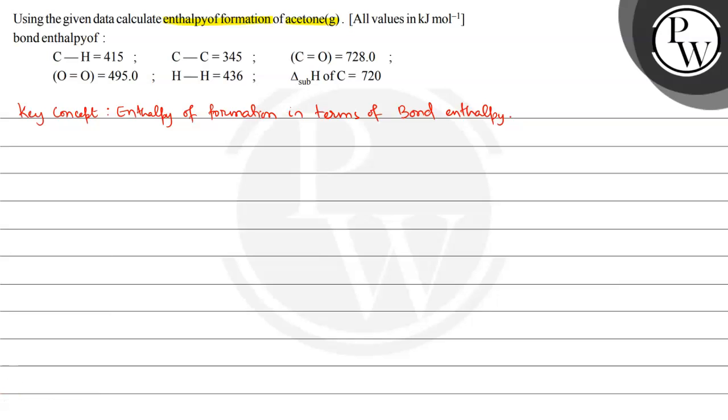So let us write a reaction for the formation of acetone from its constituent elements in their standard states. So this is CH3COCH3.